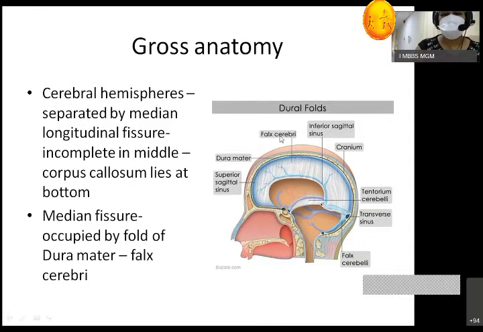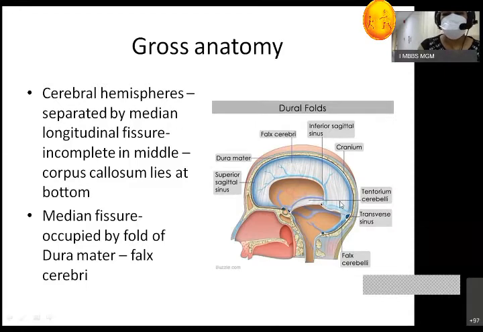We have seen two dural folds. The falx cerebri is attached at the level of the coronal suture. In the upper part, it divides and contains the superior sagittal sinus, while its free border on the inferior side contains the inferior sagittal sinus. It is in correlation with the corpus callosum.